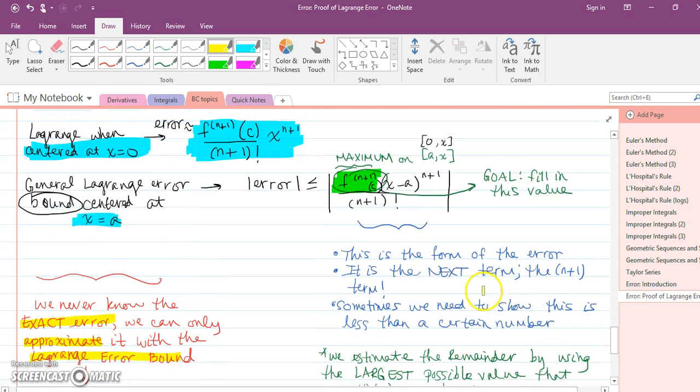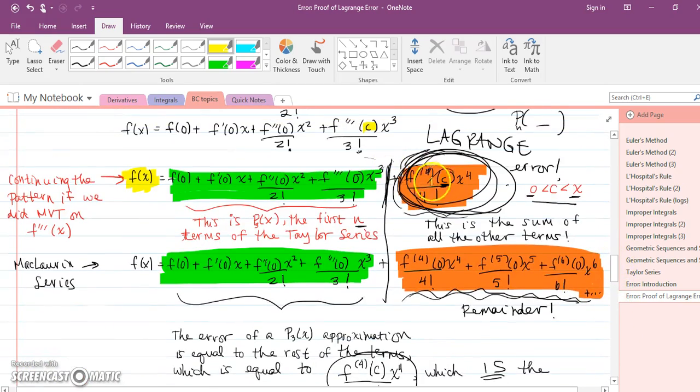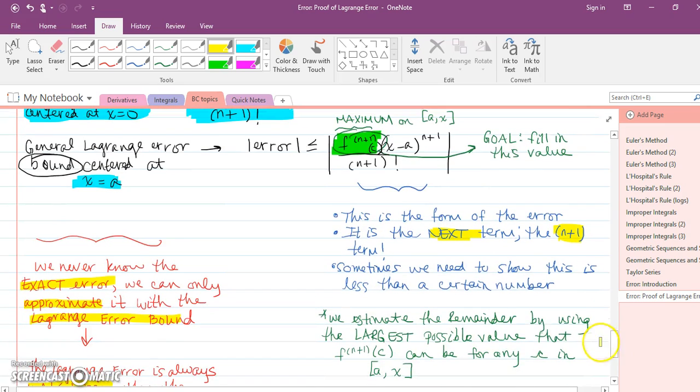Another thing to keep in mind here is that the Lagrange error is always in the form of the next term, like the n+1 term, just like we found right here. If it's P sub 3, the Lagrange error will be the fourth derivative at some c value between 0 and x. Another thing, sometimes you're going to have to show that it's less than a certain number, which is where this comes into play.